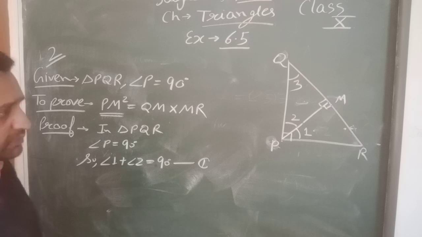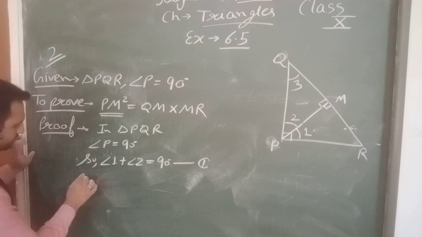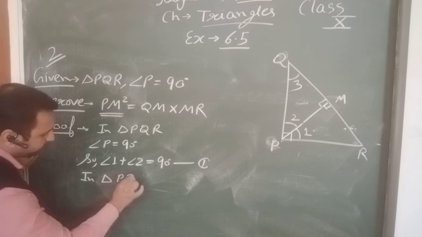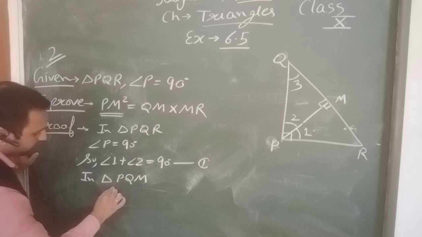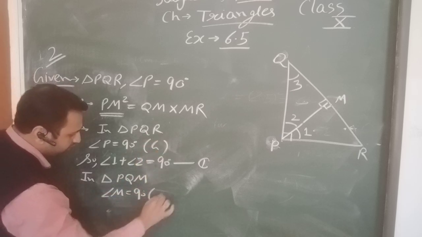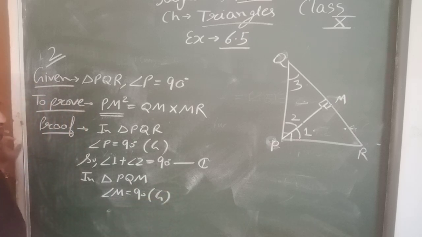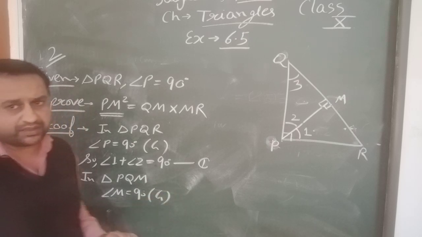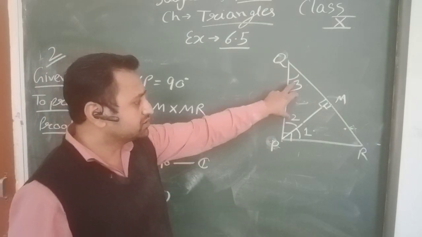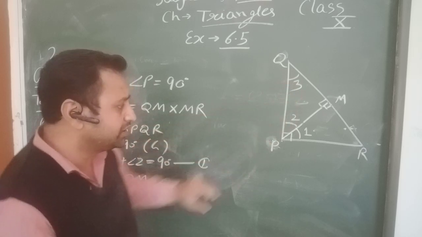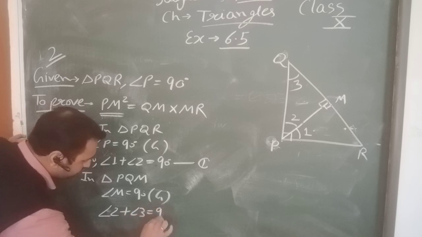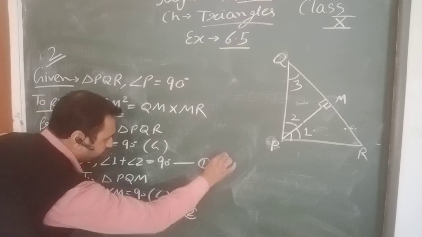In triangle PQM, angle M is equal to 90 degree. It is given. And if one angle of a triangle is 90 degree, then using the angle sum property the sum of the other two angles is also 90 degree. So angle 2 plus angle 3 is equal to 90 degree, equation number 2.